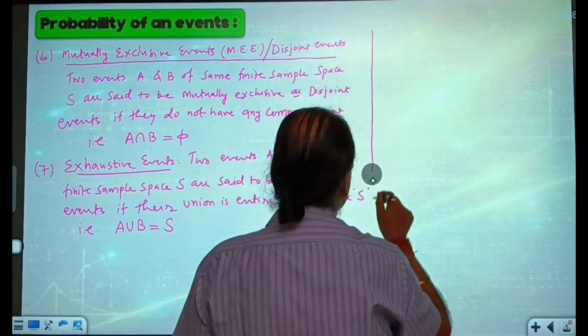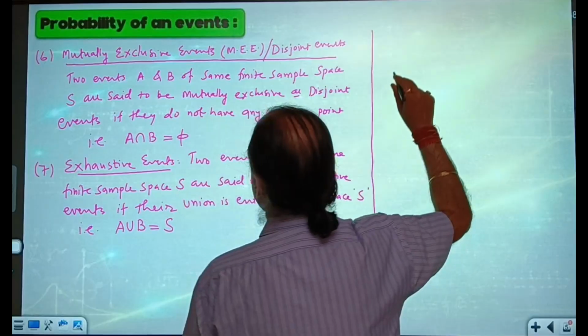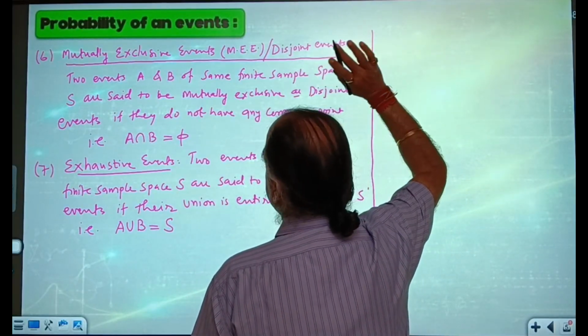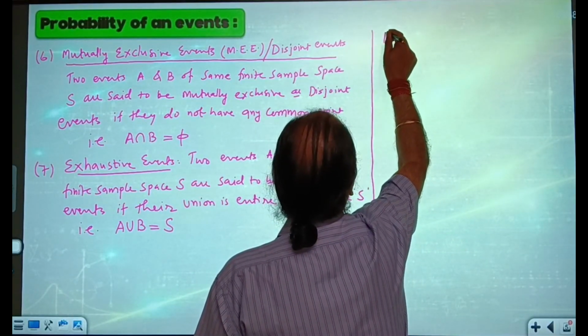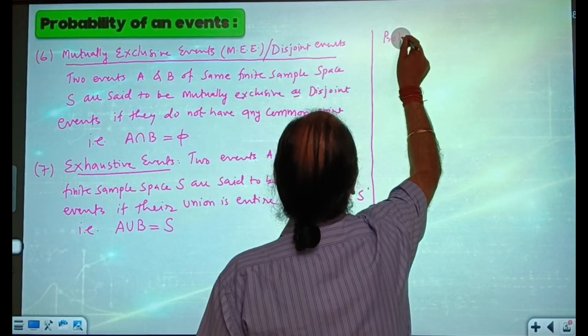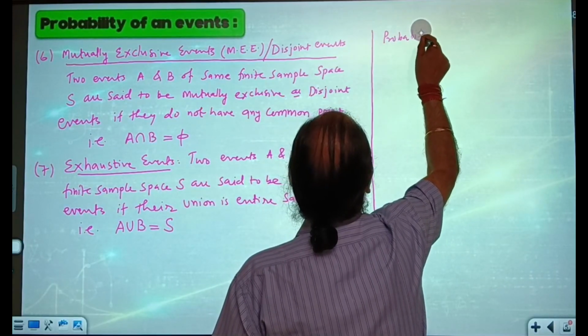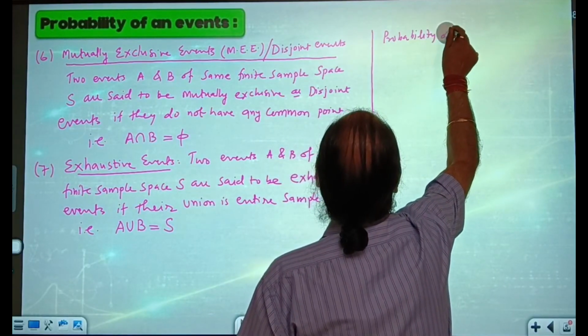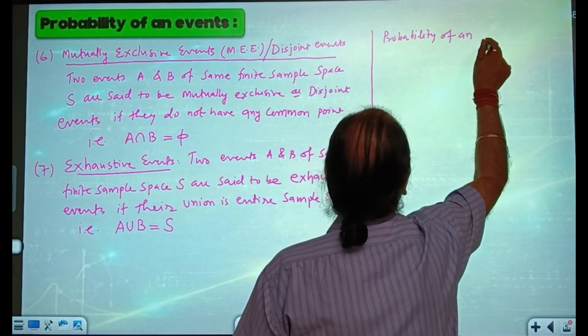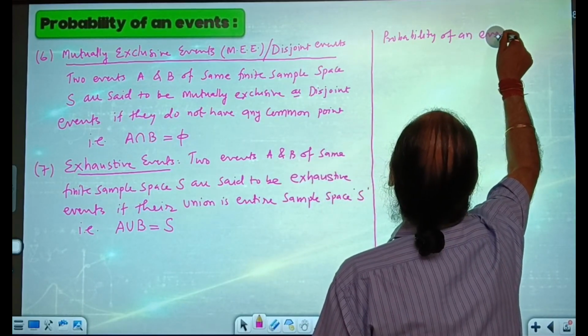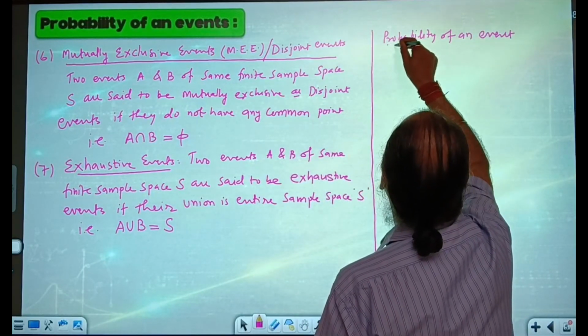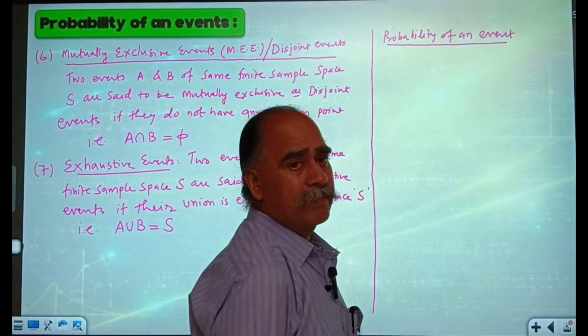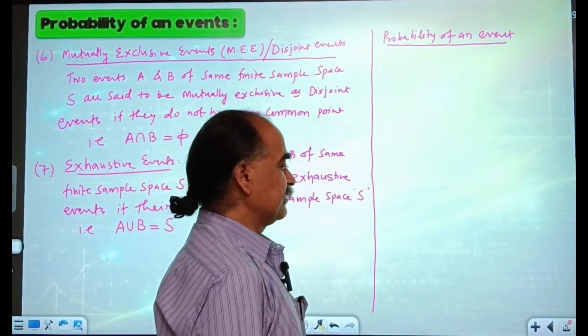Next heading is probability of an event. What is the probability of an event?